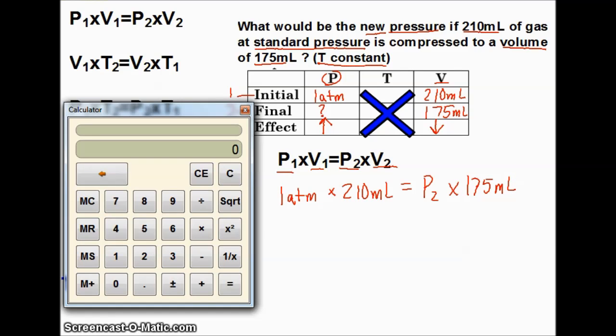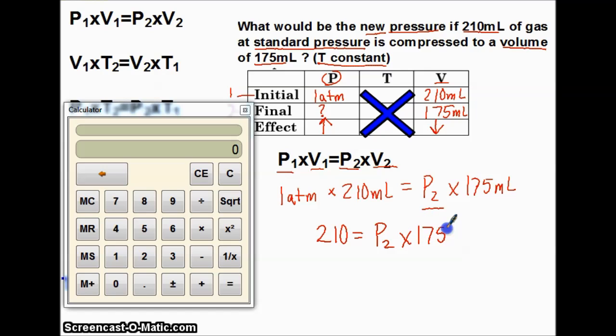All right, so I have my calculator, and now I want to solve for P2. This is just an algebra question now. So I have 1 times 210. I don't need a calculator for that. We can do that in our head. That's just 210. That's going to equal P2 times the 175. Now, to undo this multiplication, we're going to have to divide both sides by 175.